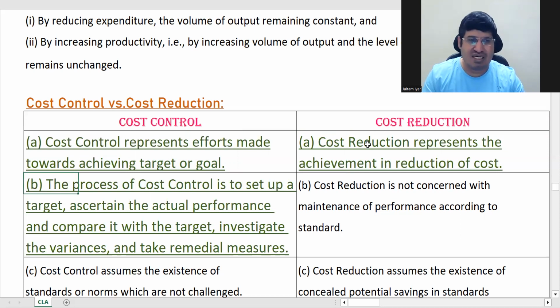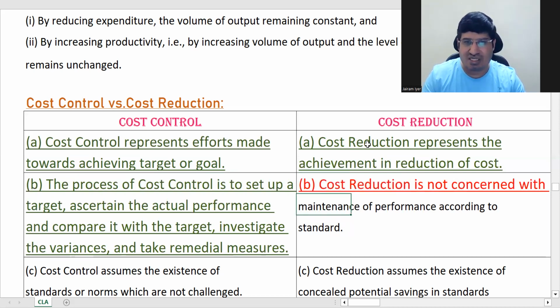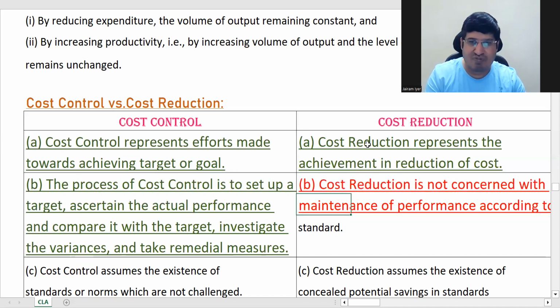Just your standard costing thing, that is the process. In cost reduction, you will say cost reduction is not concerned with maintenance of performance according to standard. We don't talk about standards here.